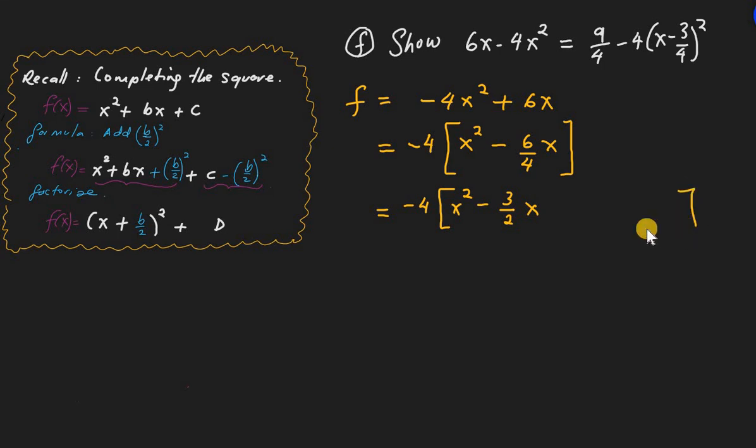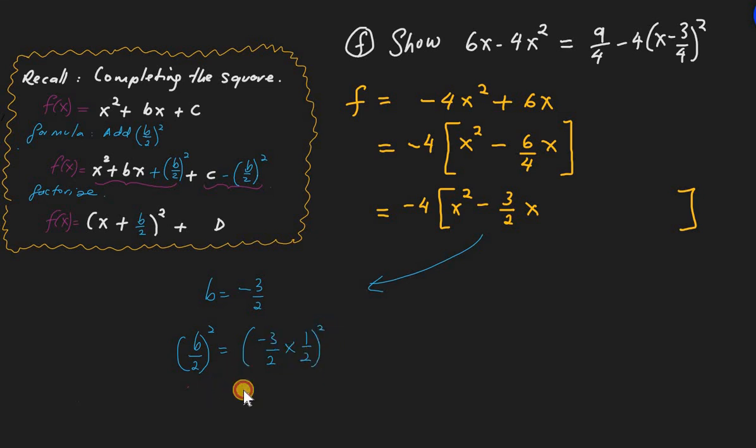Now I would like to use this formula to complete the square. The formula is b over 2 square. What is the b? The b here is negative 3 on 2. So let's take the negative 3 on 2, divide by 2, or actually multiply by 1 on 2, and square.